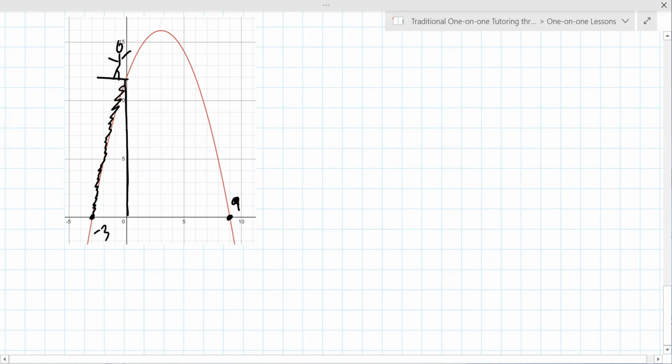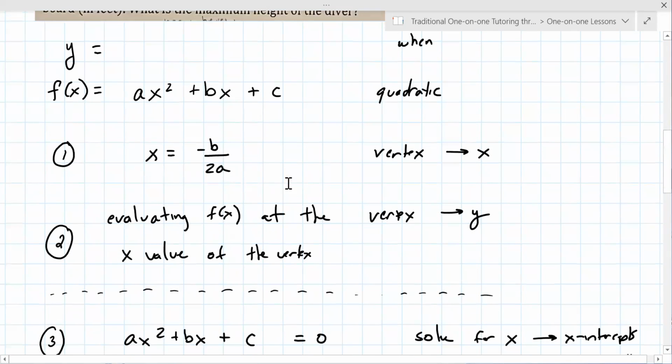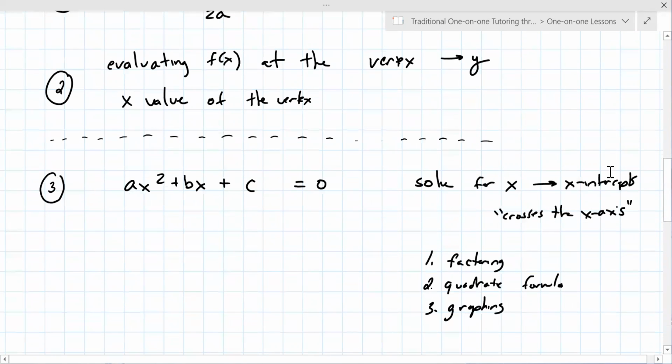But your calculator doesn't know that. Your calculator has no idea what you're using it for. So you have to know, oh, this is the only one that I care about. That's number 3. When I say 3, I'm referring back to there's only 3 things you can find in a quadratic: the vertex x value, the vertex y value, and the x-intercepts.